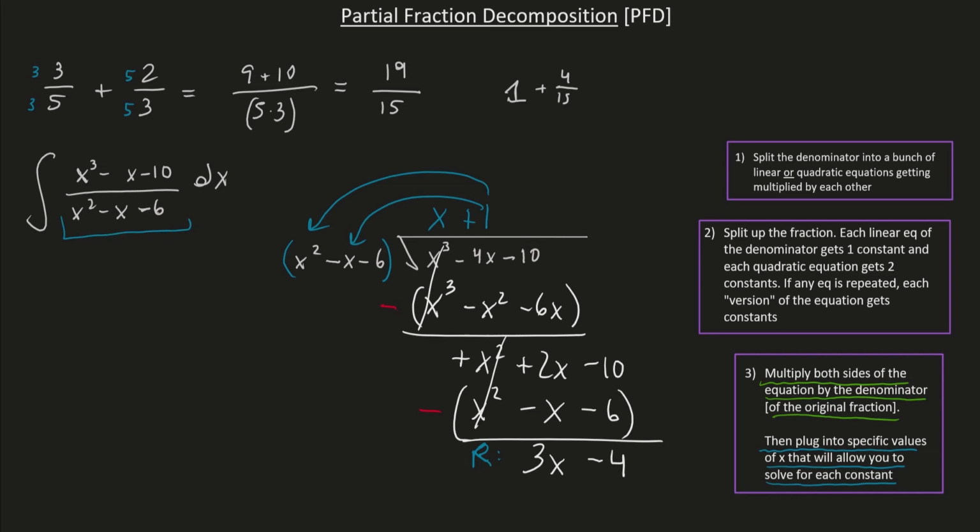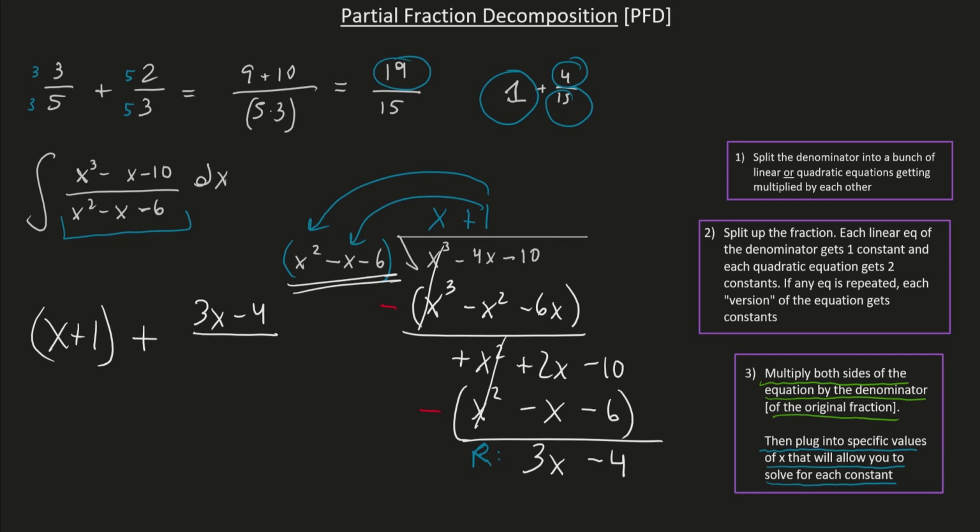So the answer to this division will be x plus 1. In a sense, that is the whole amount of times that it can go into the numerator, plus the remainder divided by the divisor, the thing we were dividing by. So for us, that's plus the remainder, 3x minus 4, over the divisor.